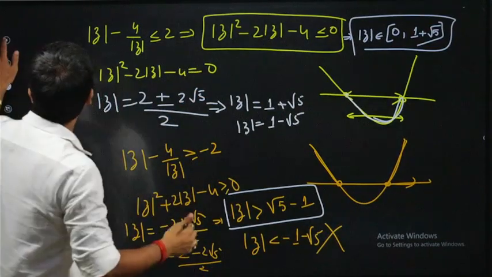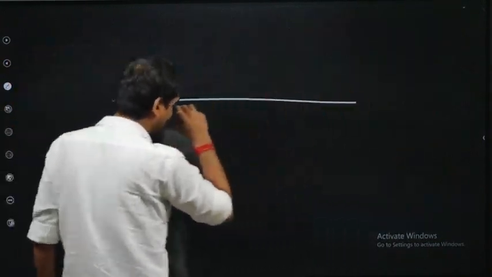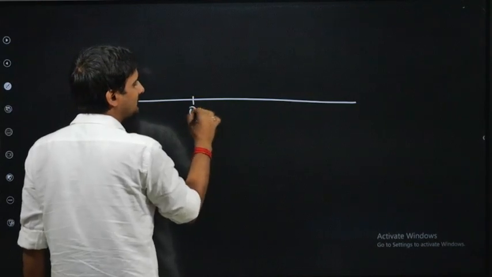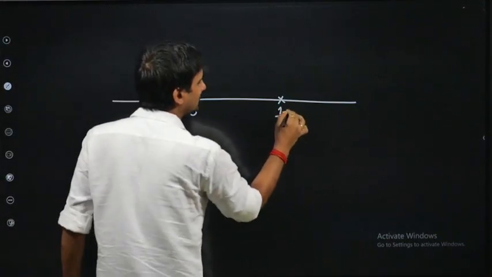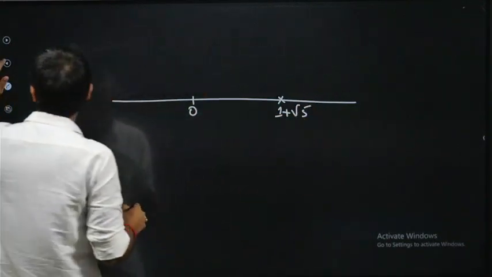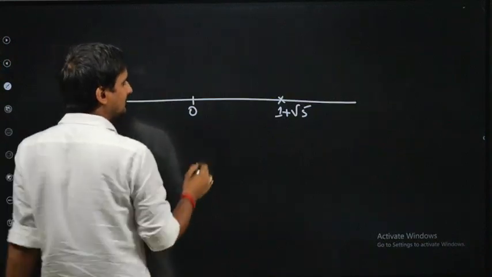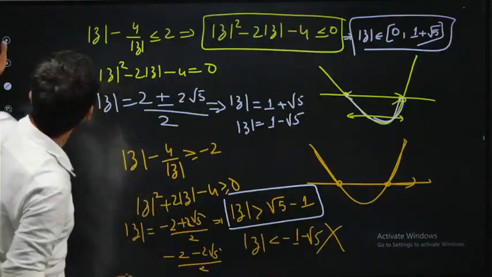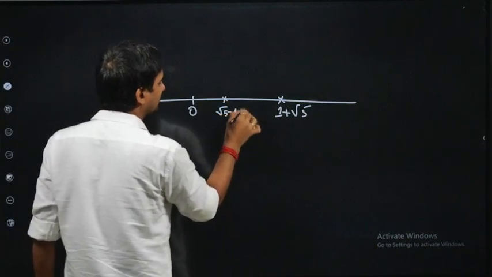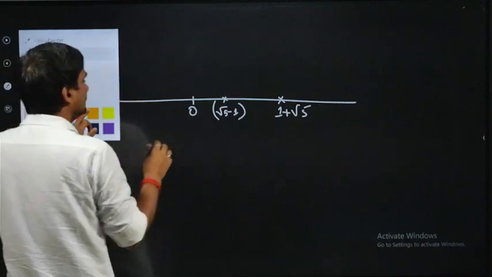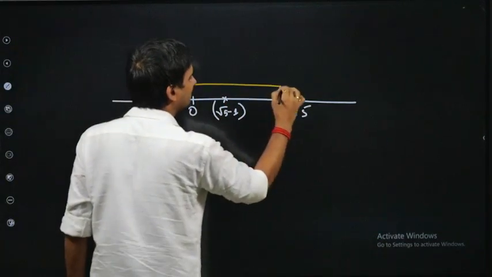Taking their intersection. So how to take the intersection? One says mod of z lies between 0 and 1 plus root 5. Another one says mod z is greater than root 5 minus 1, somewhere here. So let's mark them on the number line. The first condition is between here to here.